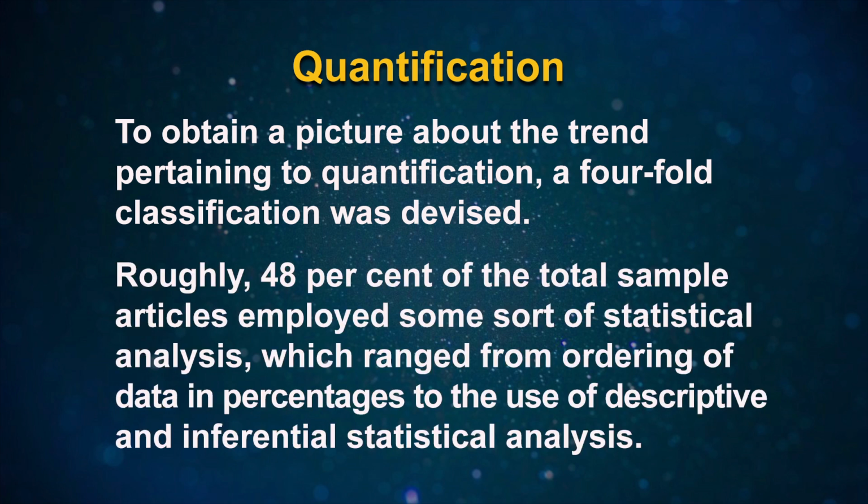Roughly 48% of the total sample articles employed some sort of statistical analysis, which ranged from ordering of data in percentages to the use of descriptive and inferential statistical analysis. The remaining 52% of articles were discussions or studies whose data do not reflect any sort of statistical analysis.